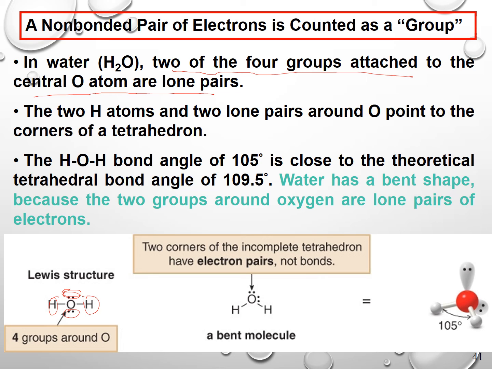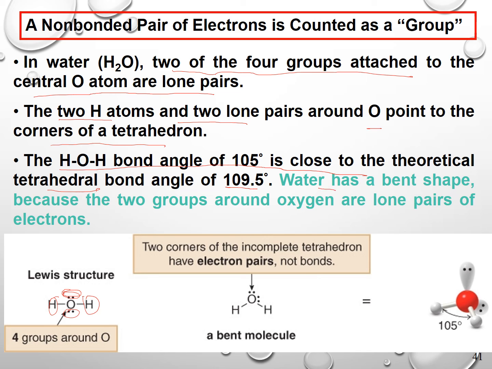So the 2 H atoms and 2 lone pairs around the O point to the corner of the tetrahedron. The H-O-H bond angle of 105 is close to the theoretical tetrahedral bond angle, which is 109.5.